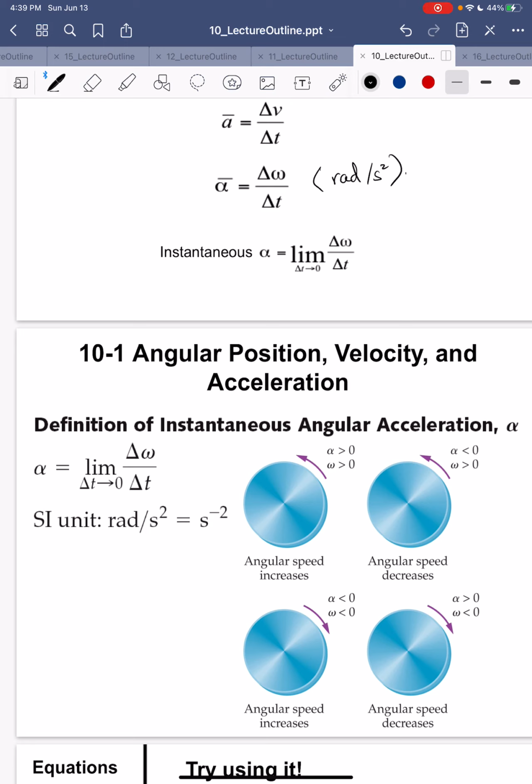When omega is greater than 0 and alpha is less than 0, which means they are in opposite directions, then the angular speed decreases. And we can have the angular speed increase when alpha and omega are in the same direction.